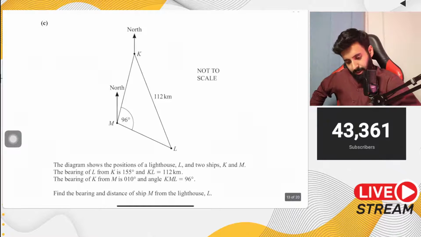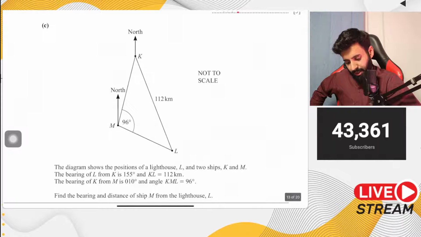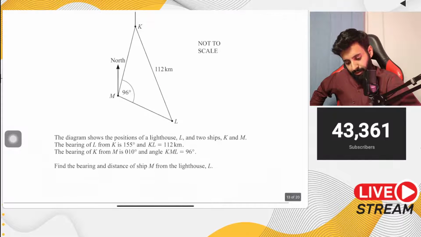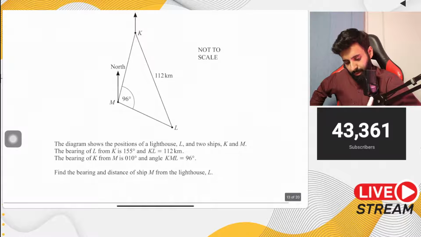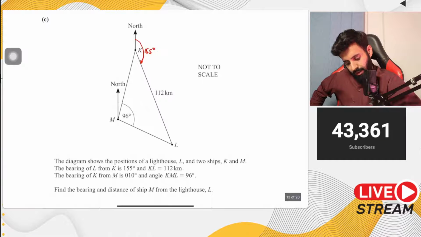Okay, so let's do this question. This is bearing. The diagram shows the positions of a lighthouse L and two ships K and M. The bearing of L from K is 155. Notice that's not marked, so it's best that we mark it ourselves. The bearing of L from K is 155 degrees. And then it says KL is 112, so that's marked.